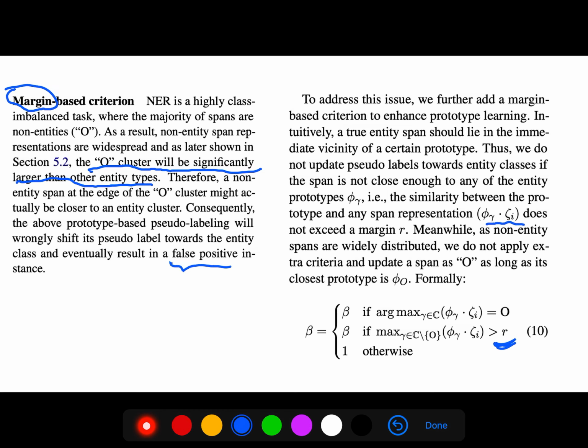As non-entity spans are widely distributed, we do not apply extra criteria and update spans as O, as long as its closest prototype is phi of O.